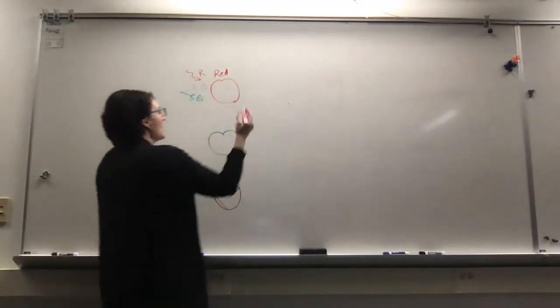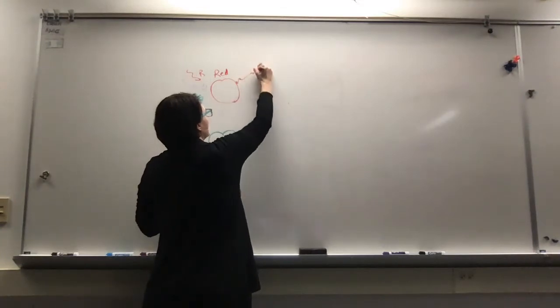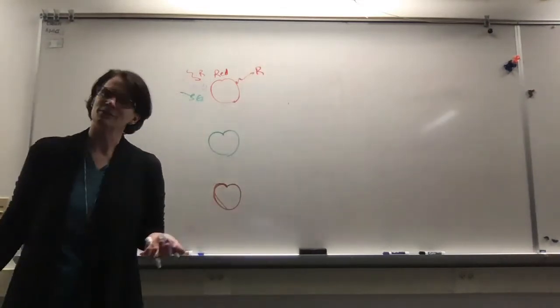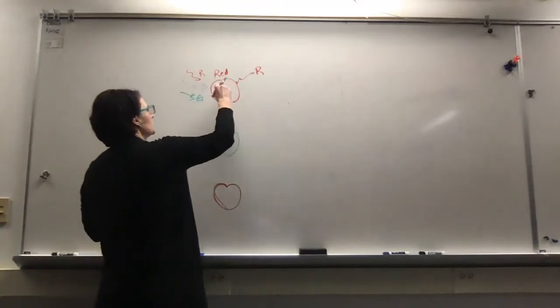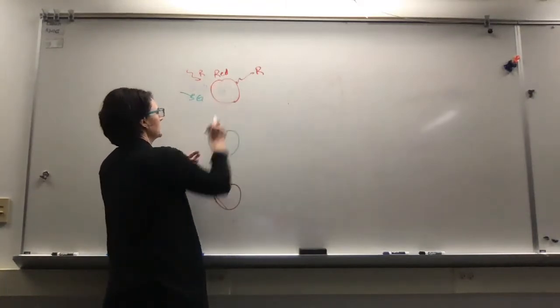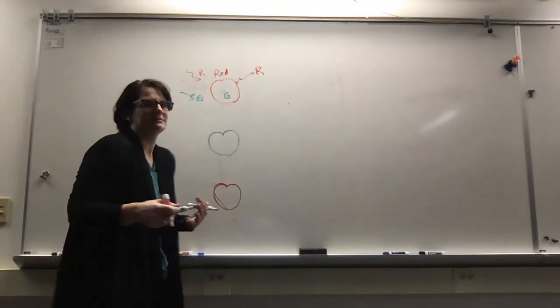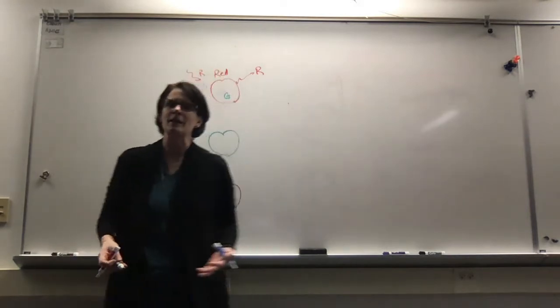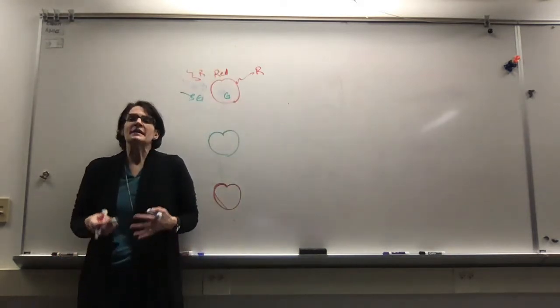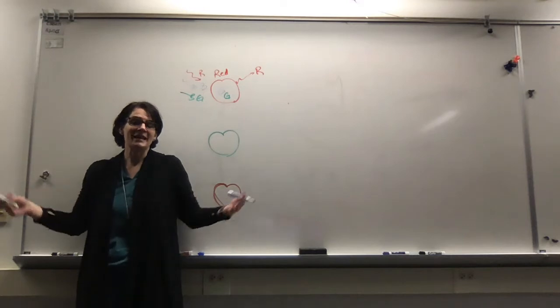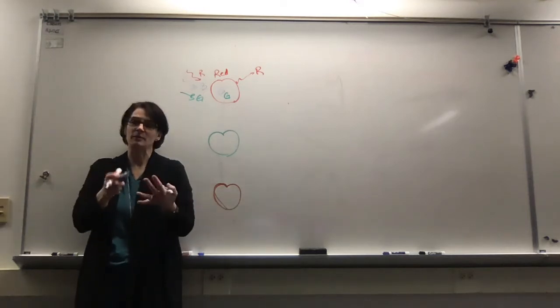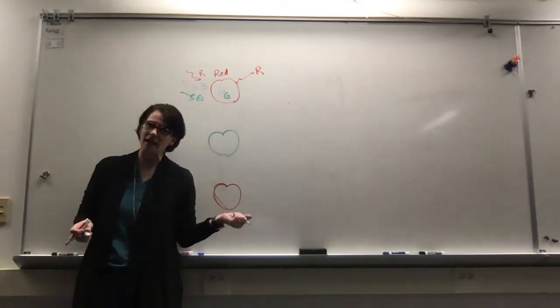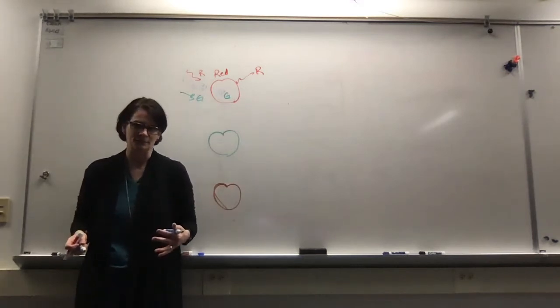Well, the red apple reflects the red light and it hits my eye and I see red. The blue light gets eaten up and the green light gets eaten up. That's due to the chemical makeup and the molecular makeup of the apple itself. When I shine white light on it, I'm shining red, blue, and green. It's reflecting the red and absorbing the blue and the green.